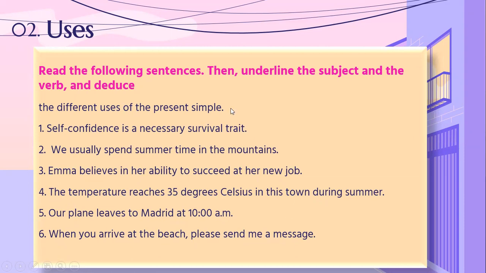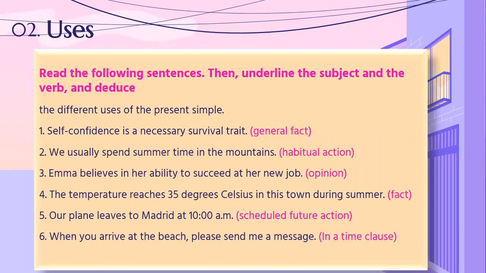And of course, complete sentences must end with a point, and every new sentence must begin with a capital letter. So if you are an online student, also pause this video and think of these sentences where we used the present simple tense in all of them.